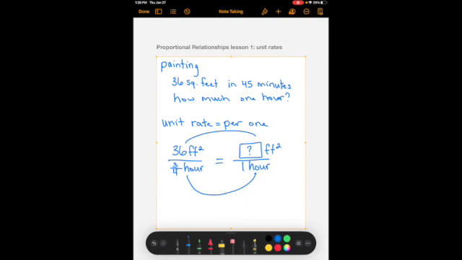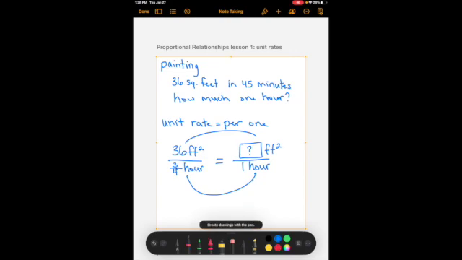So now we are going to use this information to figure out this missing piece of information. There are a couple of ways we can do this. I am going to show you the way that will always work, no matter what the numbers are, but there are also other ways that we can do this.